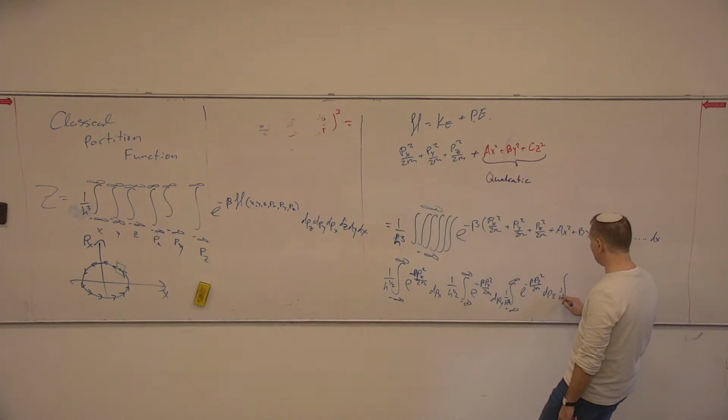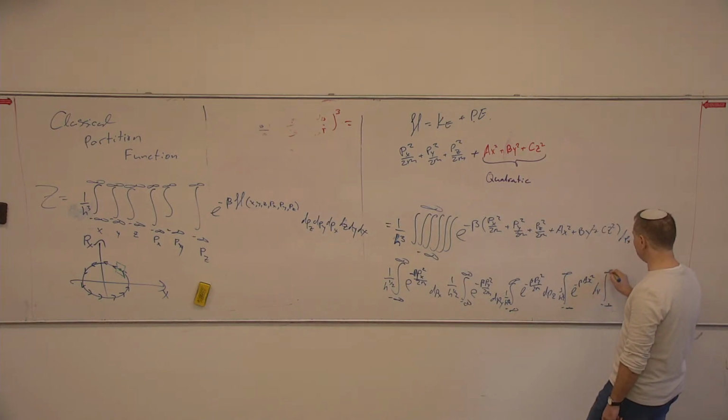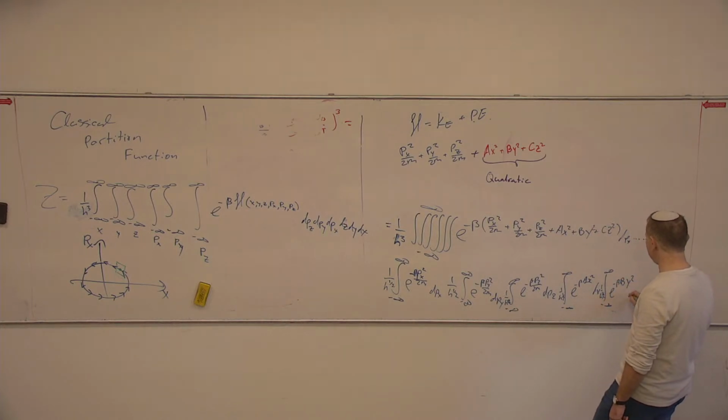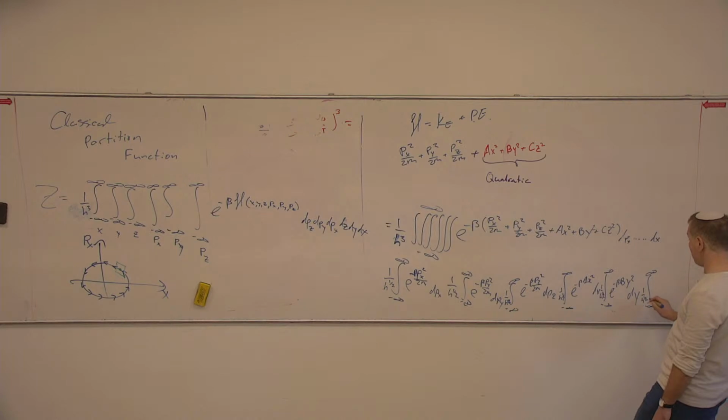an integral 1 over h to the 1/2, minus infinity to infinity, e to the power minus beta a x squared dx, an integral from minus infinity to infinity, 1 over h to the 1/2, e to the minus beta b y squared dy, an integral minus infinity to infinity, 1 over h to the 1/2, e to the minus beta c z squared dz.